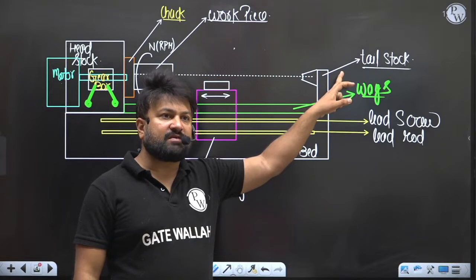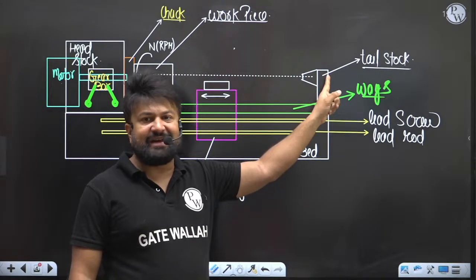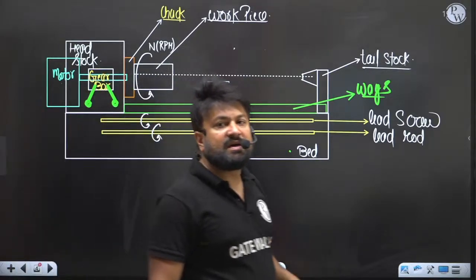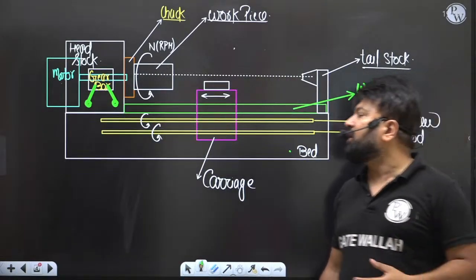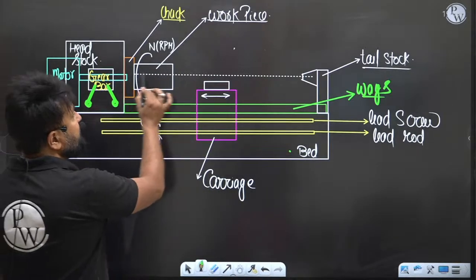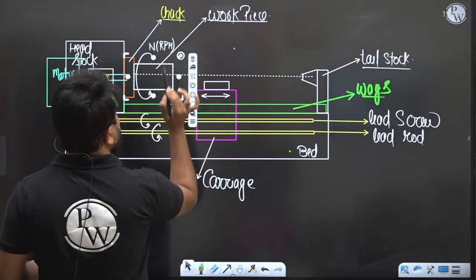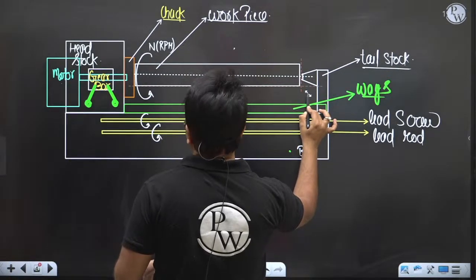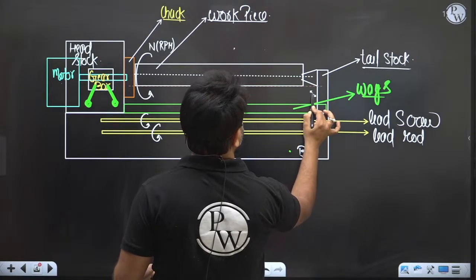This is a tailstock. So what is the function of the tailstock? This can be used to hold the other part. If the workpiece is lengthy, then you can hold the workpiece with the help of the tailstock.